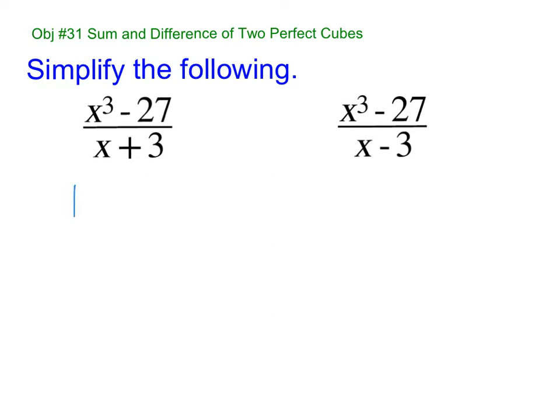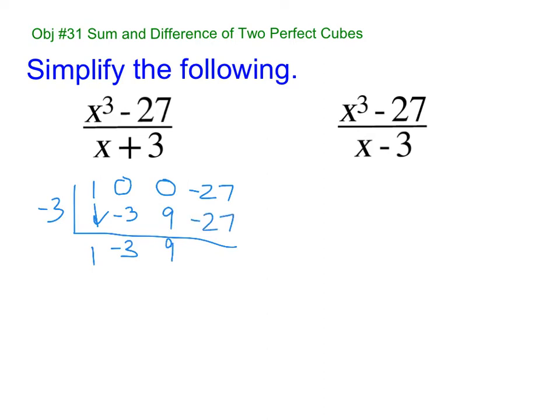So if we do synthetic division, we've got our negative 3 on the outside. So 1x to the third, 0x squared, 0x, minus 27. We bring the 1 down. 1 times negative 3 is negative 3. Negative 3 times negative 3 is 9.